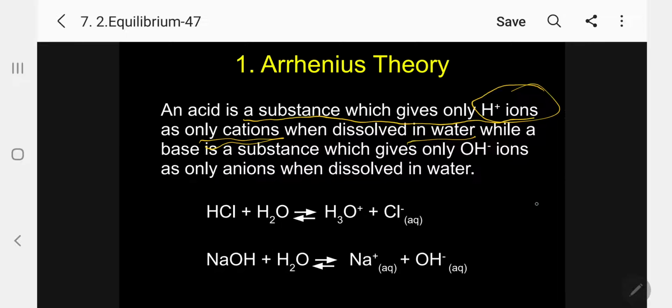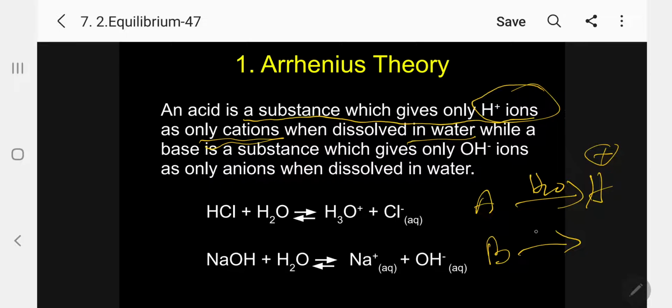So, you take any acid dissolved in water, always you will get H plus ion. That is what the theory says. An acid is a substance which gives only H plus ions as cations when dissolved in water, while a base is a substance which, dissolved in water, gives only OH minus ions.